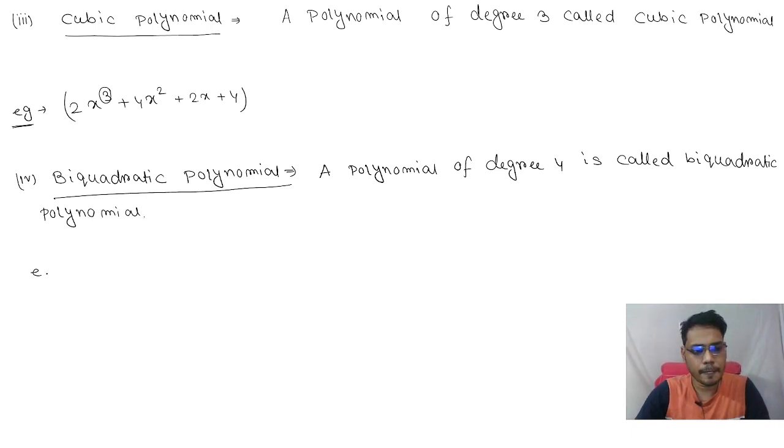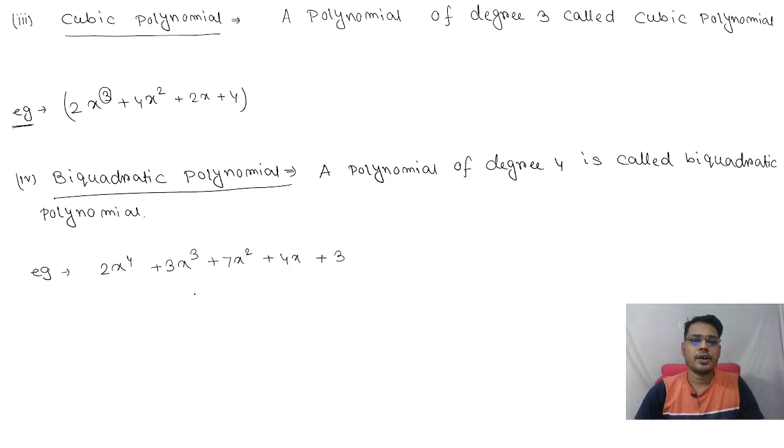So for example, 2x raised to the power 4 plus 3x cube plus 7x square plus 4x plus 3. So here 5 terms are there. That means it is a polynomial and the highest power of x is 4. That means it is a biquadratic polynomial.